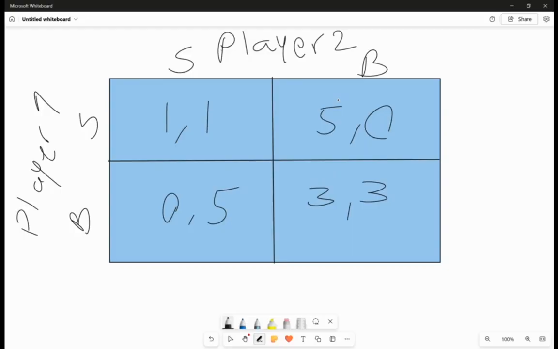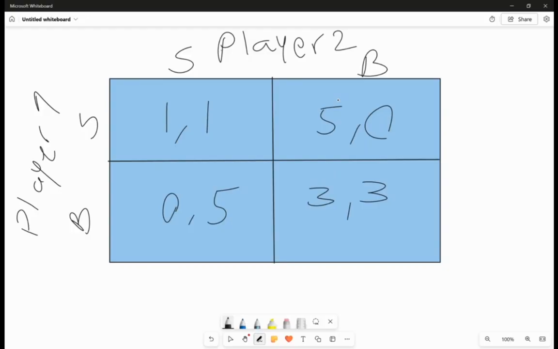In some cases, you may have more strategies, more options for each player. In this case, you need to add columns and rows here, so this is how the table could be extended. But if you have more than 2 players, you need to somehow simplify it or put it into a 2-player table and probably extend it in the other dimension, right?